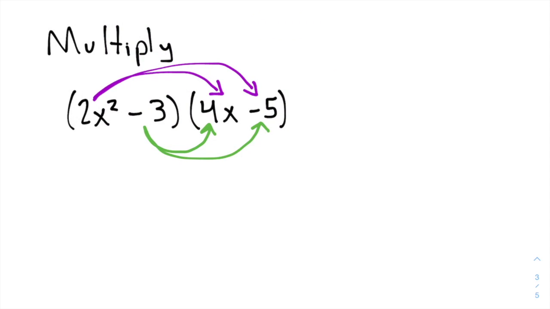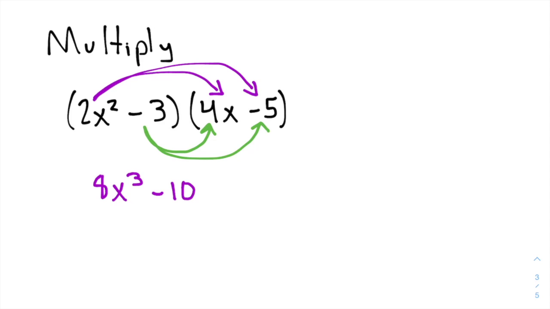Okay, so 2x squared times 4x, the 2 times the 4 will give us an 8. X squared times x is x to the 3rd. Then 2x squared, I'm thinking of this as minus 5, a negative 5. So 2 times negative 5 is negative 10.